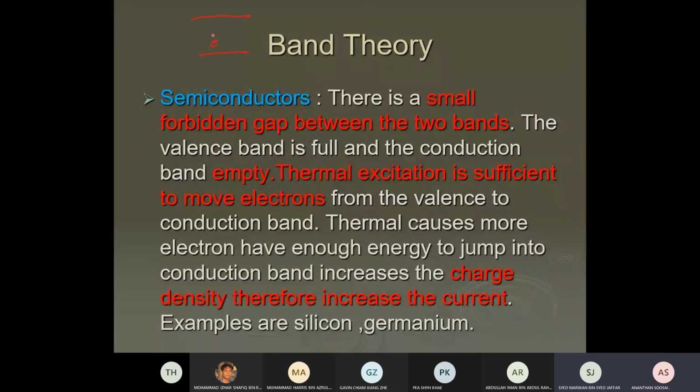No. Once the electron jumps to the conduction band, electron needs to move forward, right? But the electron faces problem to move forward because the atom itself is vibrating. The atoms are all vibrating, the electron cannot move forward easily. It is moving forward, but with a smaller drift velocity.